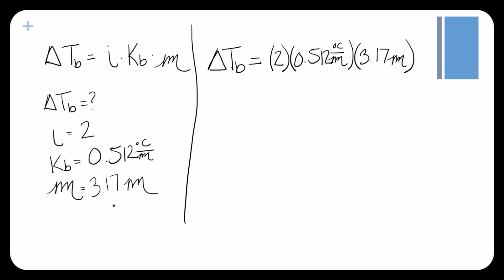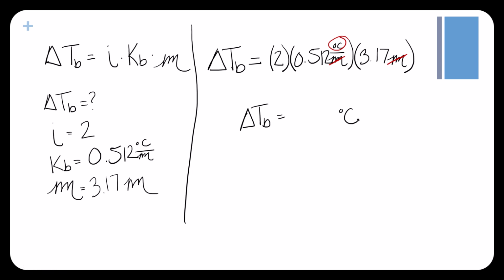Looking at our units here, this is where that funky unit is useful. I've got molality on the bottom and molality on the top. The only unit that's left is degrees Celsius. That's helpful because we are solving for a temperature value, and we would expect that unit to be degrees Celsius.